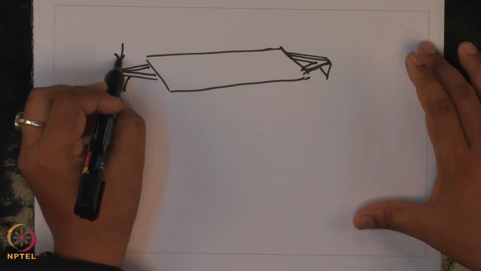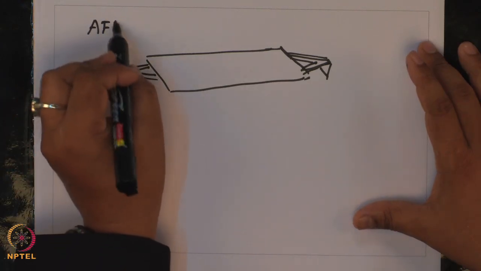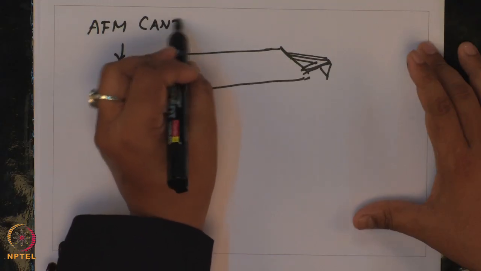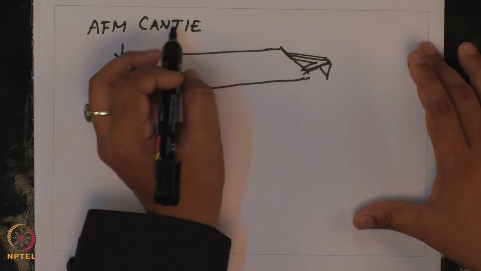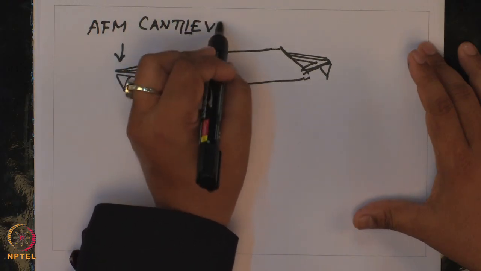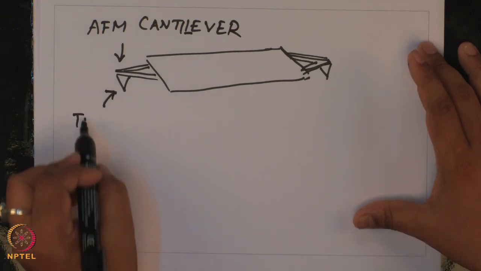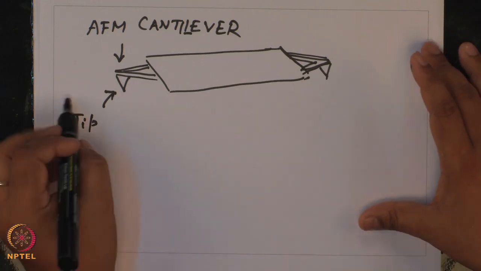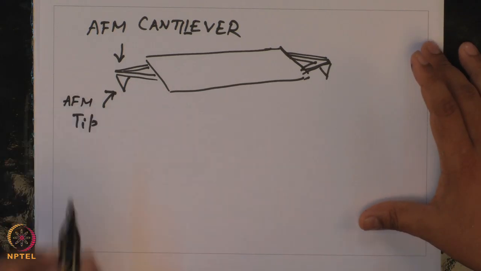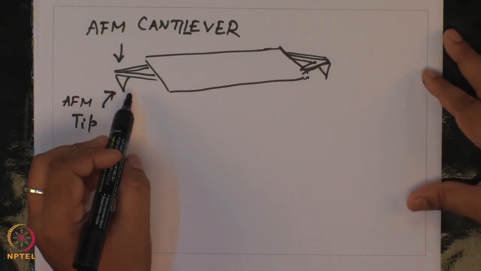This is called the AFM cantilever. And this is called an AFM tip. So, you can have various geometries of these tips.